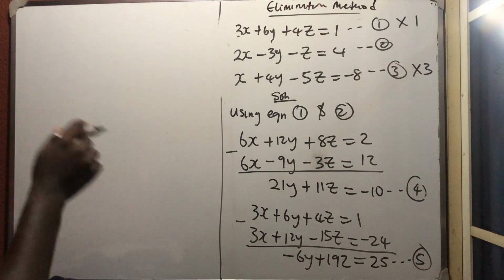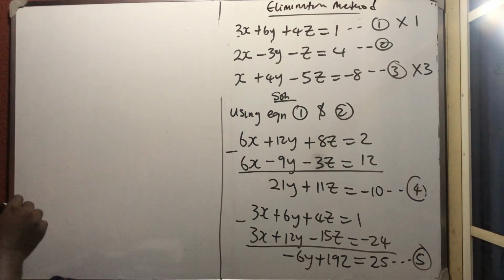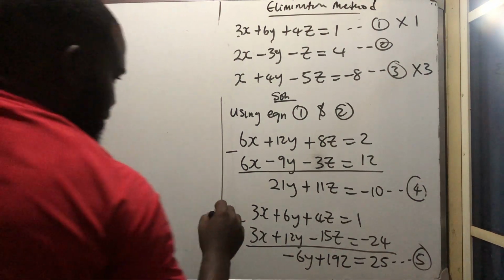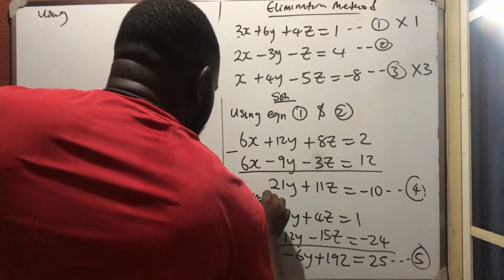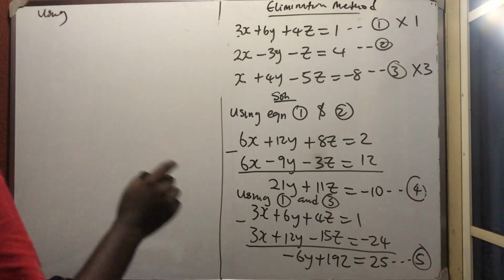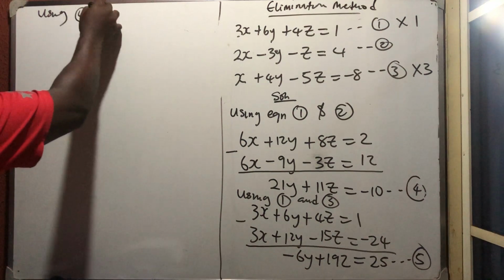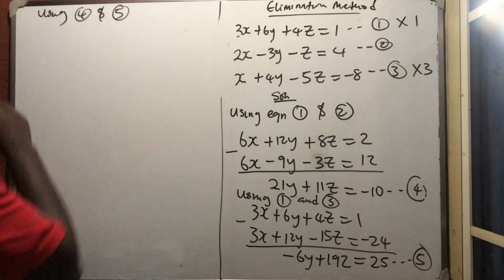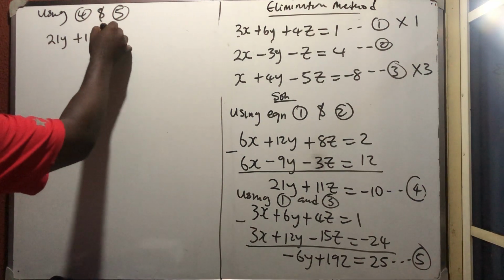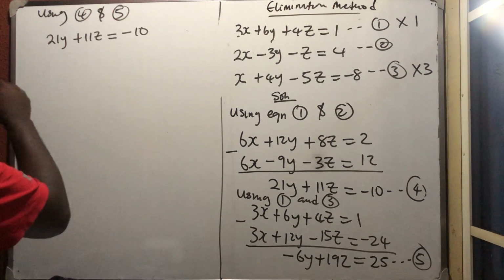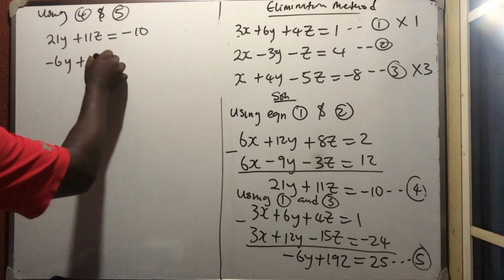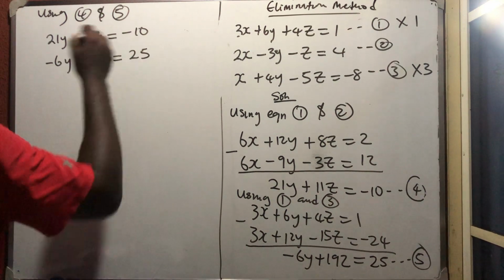So I'm going to solve 4 and 5 simultaneously. Don't forget that this one is using 1 and 3. So now we are going to use 4 and 5. So 4 and 5 gave us 21y plus 11z is equal to minus 10, and minus 6y plus 19z is equal to 25.